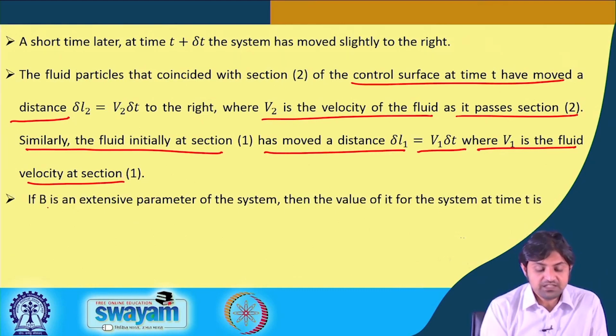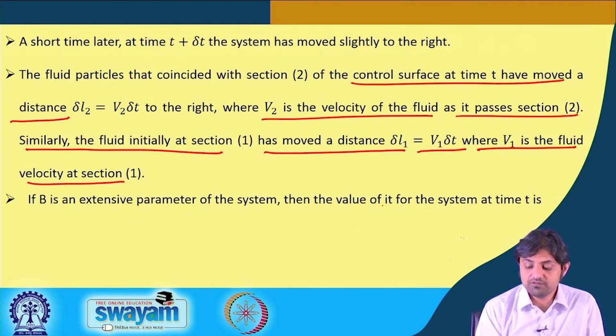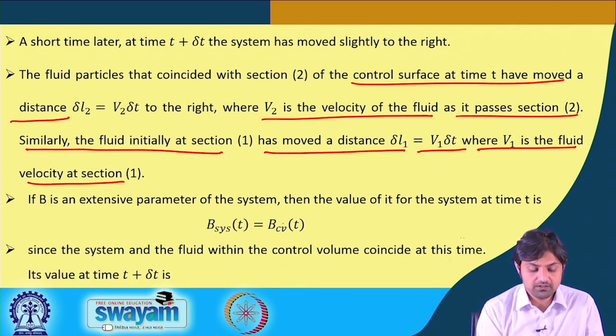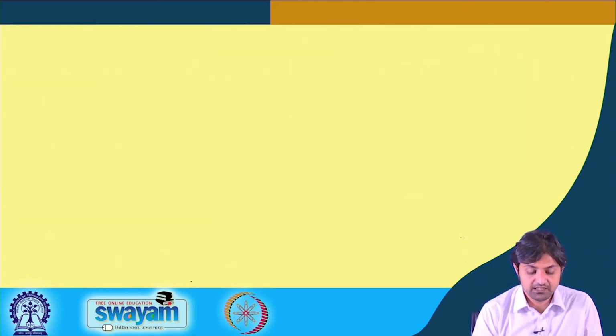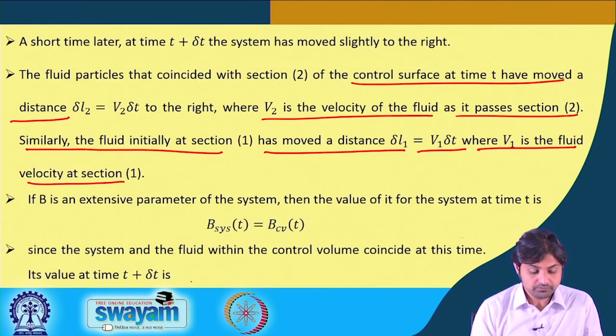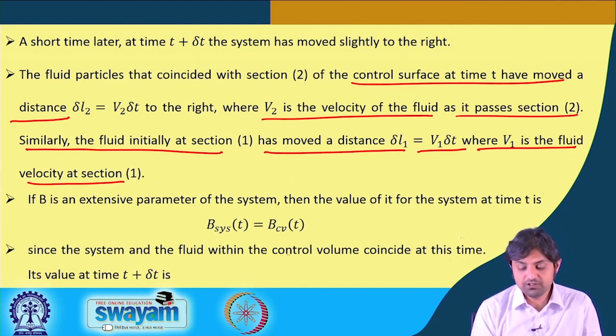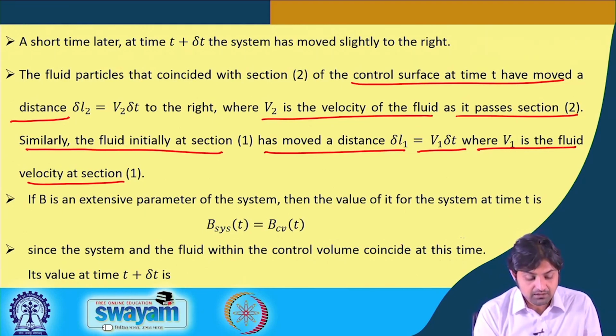If B is an extensive parameter of the system, then the value of it for the system at time t is B system equal to B control volume, since the system and the fluid within the control volume coincide at this time. Again I am repeating, the system and the fluid within the control volume both coincide at the beginning, so B system is equal to B control volume.